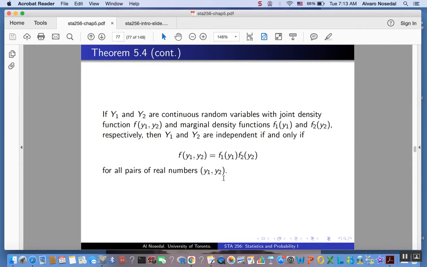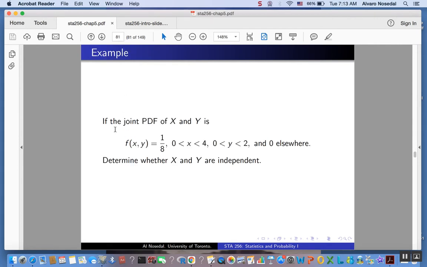Well, now, how about we do an example? Okay, let's do that one. As you can see, we have the joint probability density for x and y, and we want to determine whether or not they are independent. So let's use that theorem.